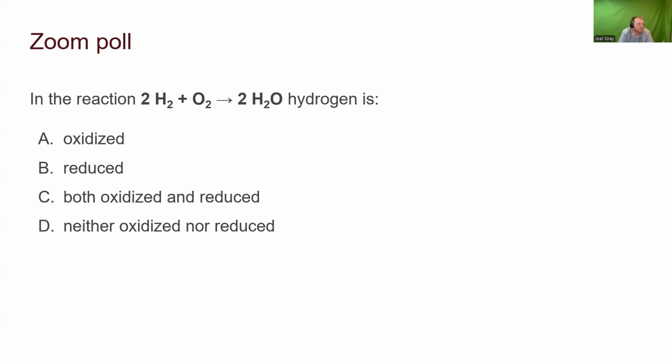When you look at something like H2 and O2, both of these things have a charge of 0. What that means is that H2 and O2, these diatomic gases, both have a neutral charge. So each of the hydrogens and each of the oxygens in this have no charge whatsoever.